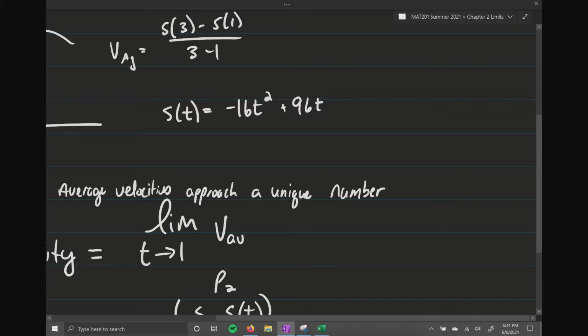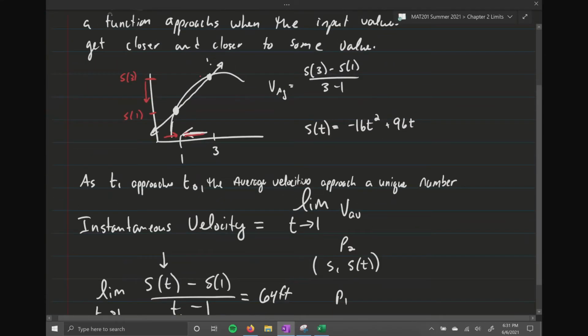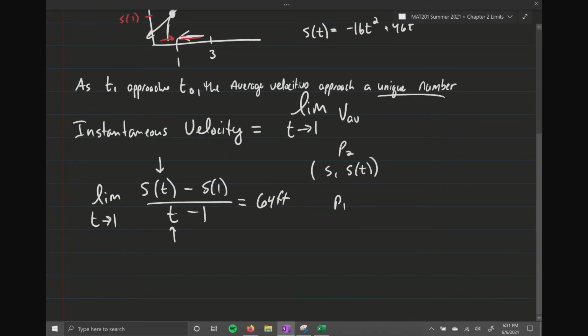Okay, so they start to approach a unique number. This unique number, and now I can finally zoom out so I can show you what it is, is called the instantaneous velocity. And that's where we have a line that only touches our function once.